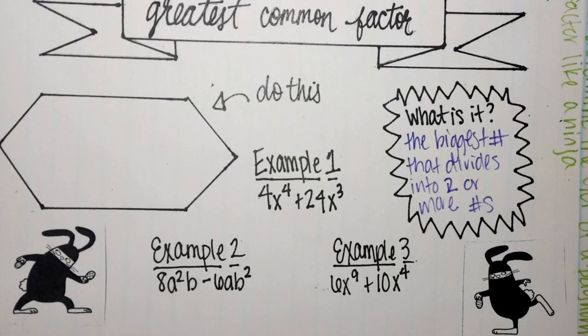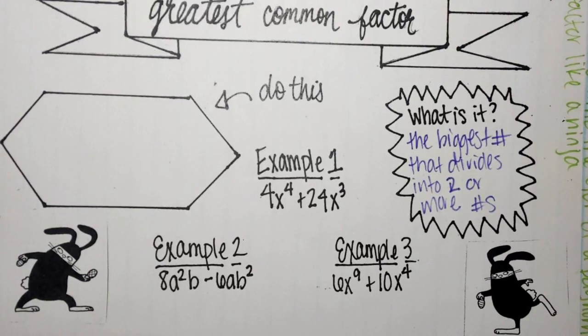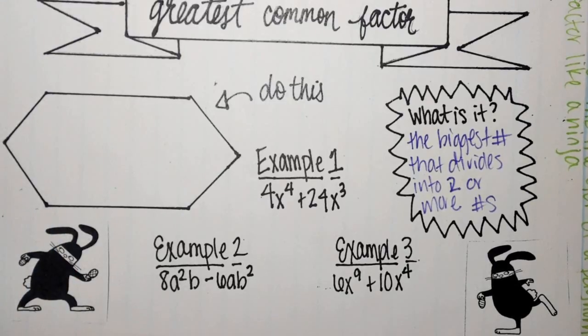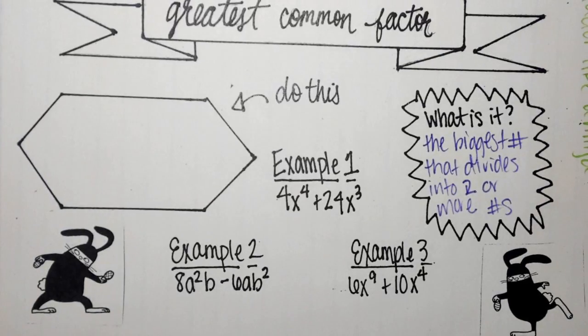So what is the greatest common factor of 15, 25, and 30? 5. What's the greatest common factor of 8 and 12? 4. Of 12 and 36? 12. Of 27 and 36? 9. Awesome. Take 2 points for your team, Sean.